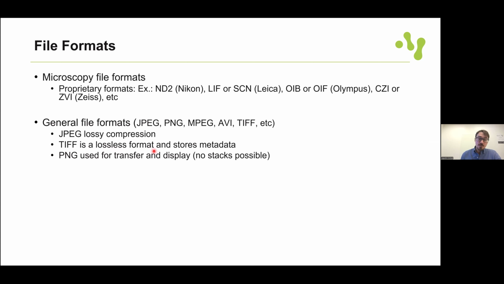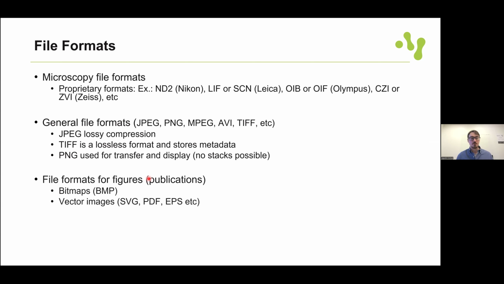TIFF is often a lossless format. It could be lossy, but it stores metadata. So you should be able to store in the metadata what you have done with this image and what each matrix is. And PNGs are usually used for transferring or displaying things, but you cannot really do stacks with them. So they're nice for showing, but not for many other things.